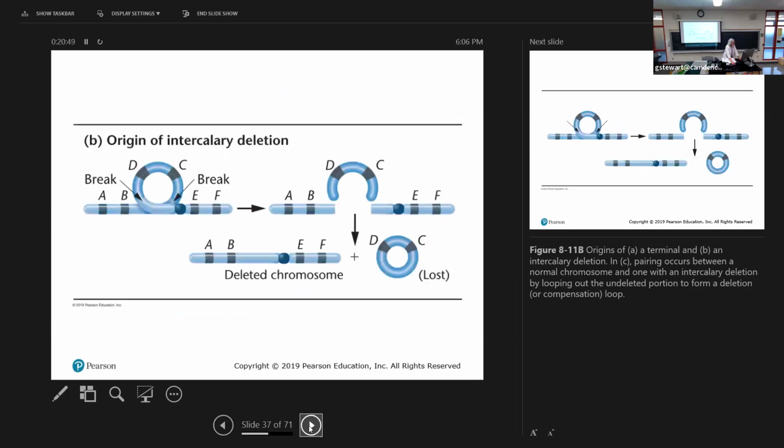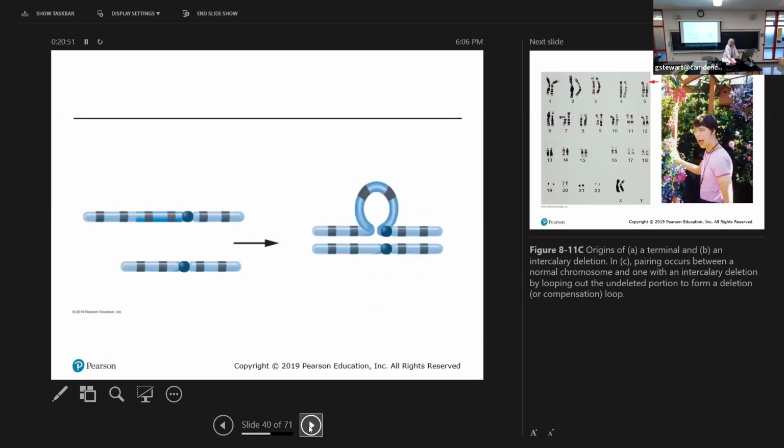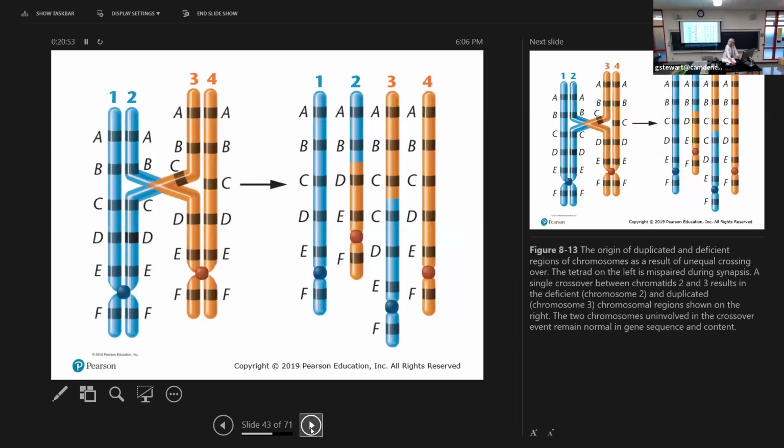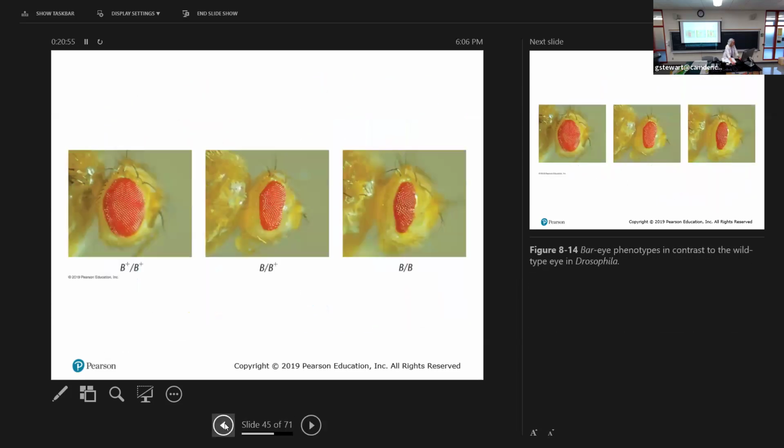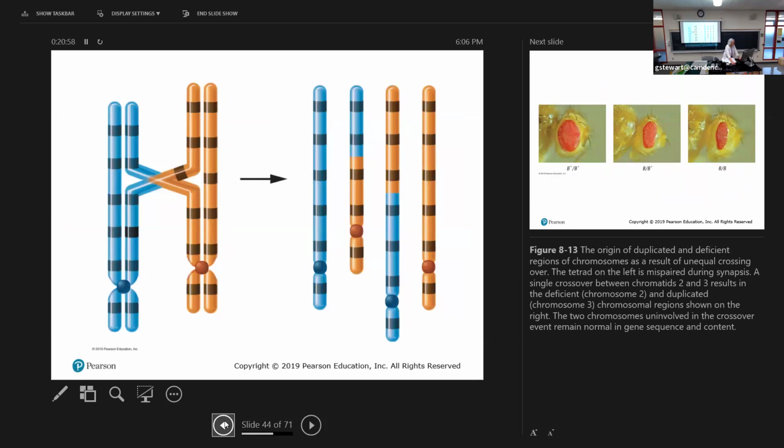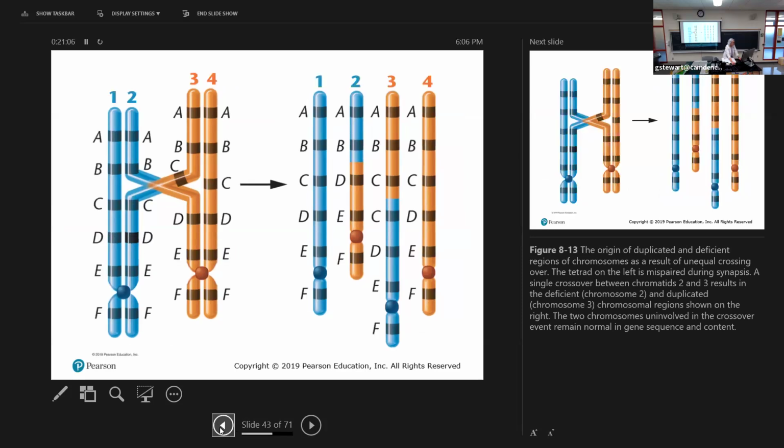Let's see the inversion, I think. Let's see if I can find deletion loop, those guys. So here's an, I think this is the inversion picture. That's actually unequal crossing over, sorry.